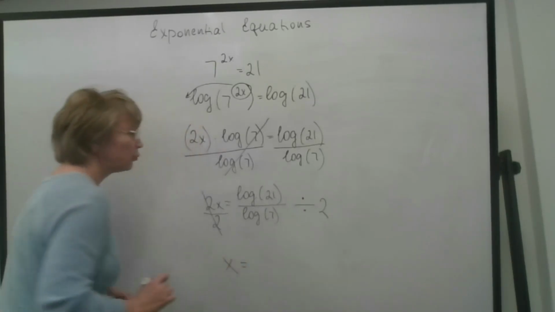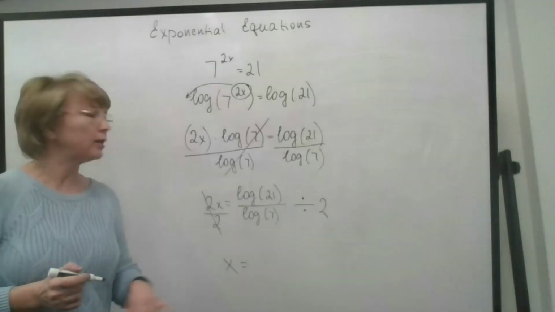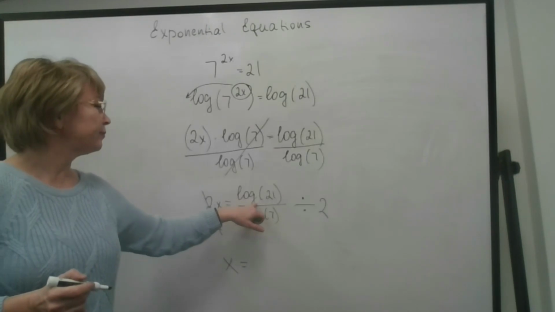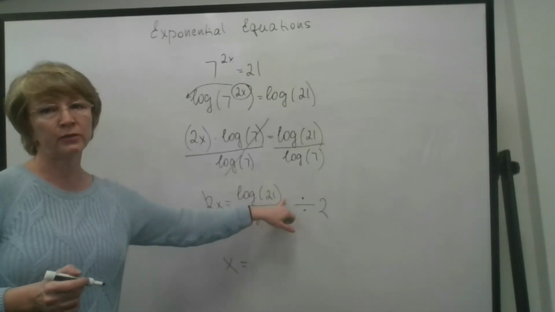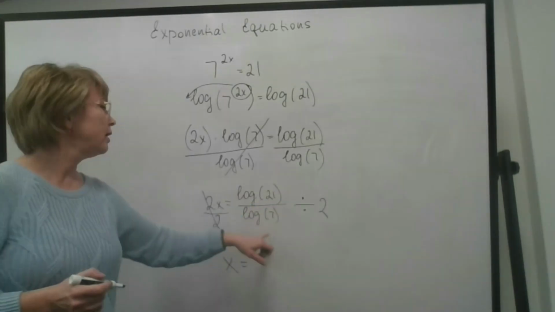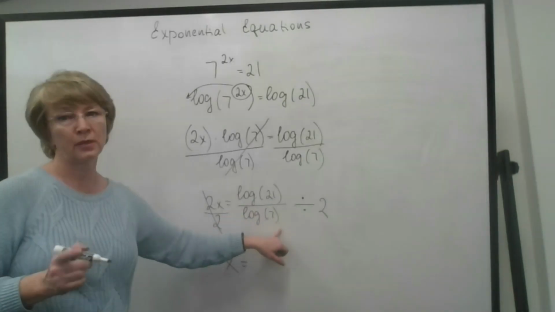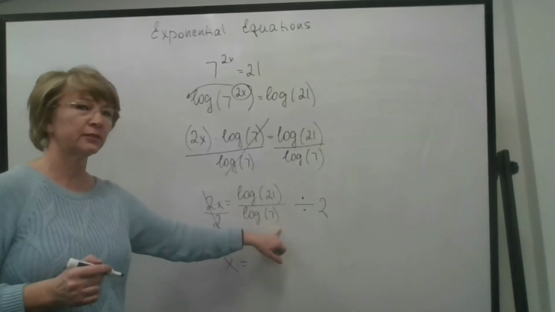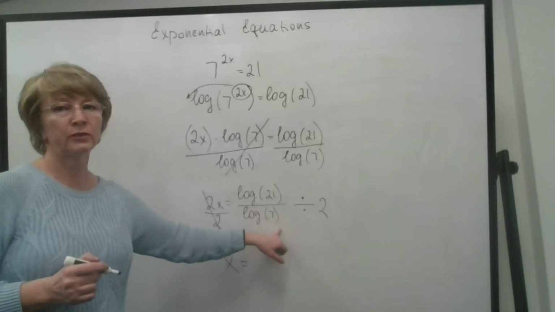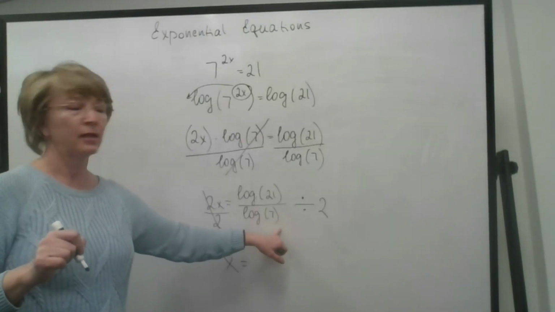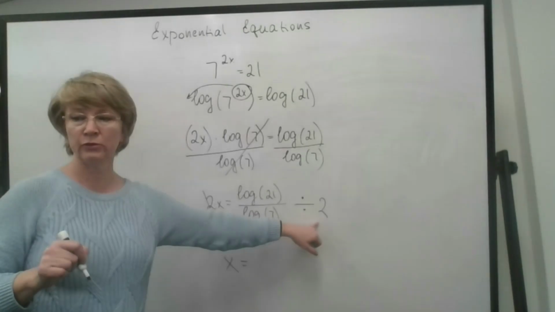So your x will be, type on your calculator, logarithm of 21, don't forget to close the parentheses, divide by logarithm of 7. Again, don't forget to close the parentheses. It's a good idea to press enter and then divide by 2.